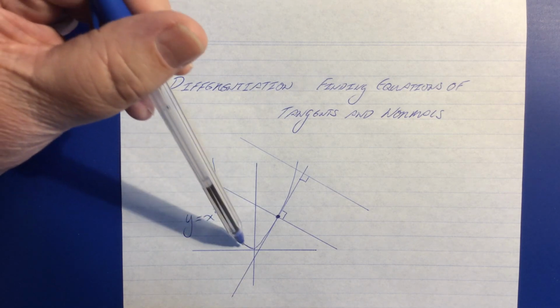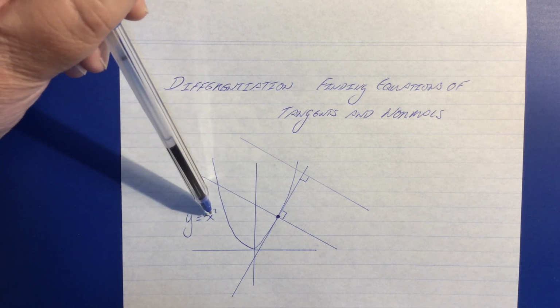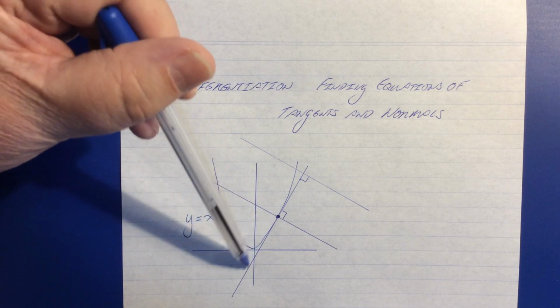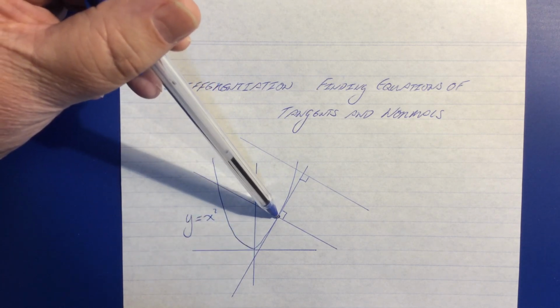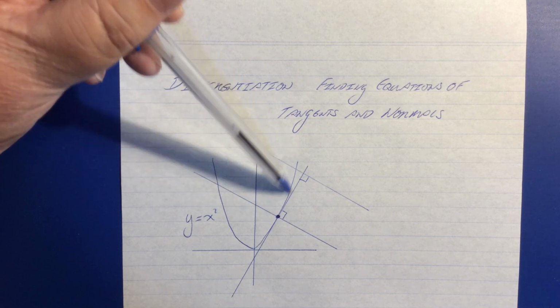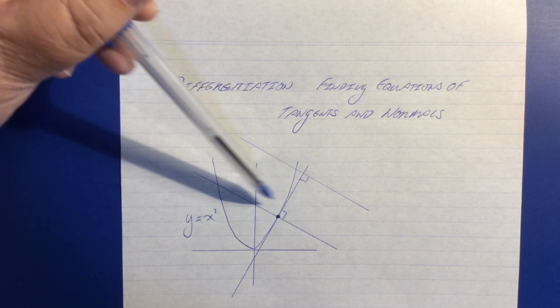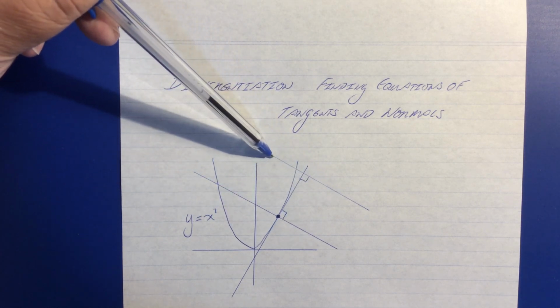Here is our original curve. In this case, it's y equals x squared. This line down here is a tangent, and it passes through a point that it shares with this curve, just one point. The lines going across this way are normals.